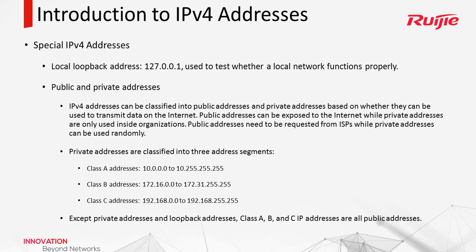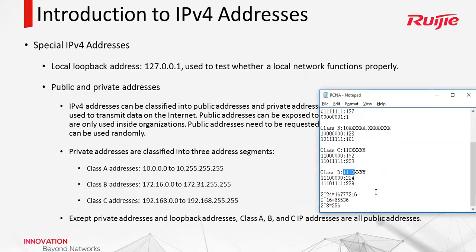But maybe you will ask, how can I judge whether this is a small or medium network? Don't worry, I can give you a hint. Normally, if you use a Class A IP address, you use the first 8 bits for the network ID, and so of course the 24 bits will be the host bits.